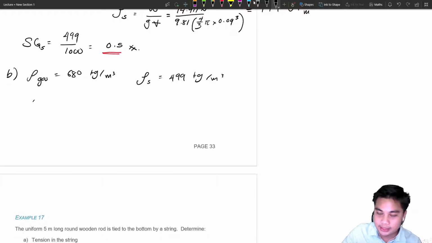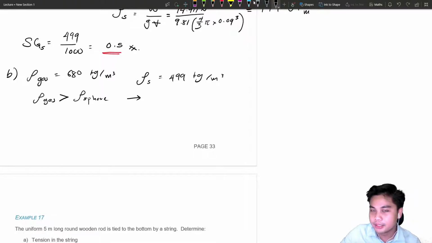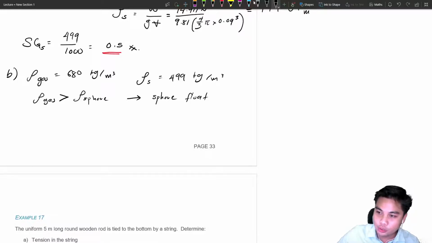You can see that the density of the gasoline is bigger than the density of the sphere, so the sphere will definitely float.